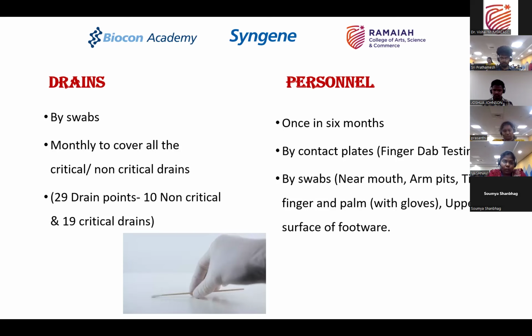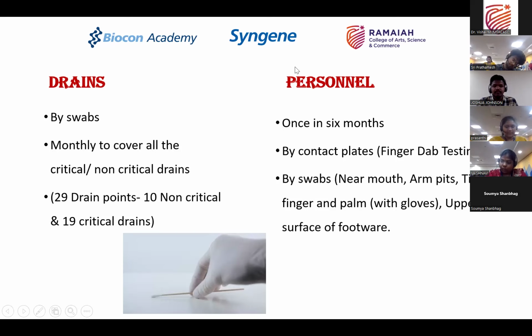Second is with the help of swabs. Swabs will be collected from near the mouth area, the armpit area, the tips of the fingers, and the palms with gloves, because the person will always be wearing gloves during processing. We also take a swab from the upper surface of the footwear.